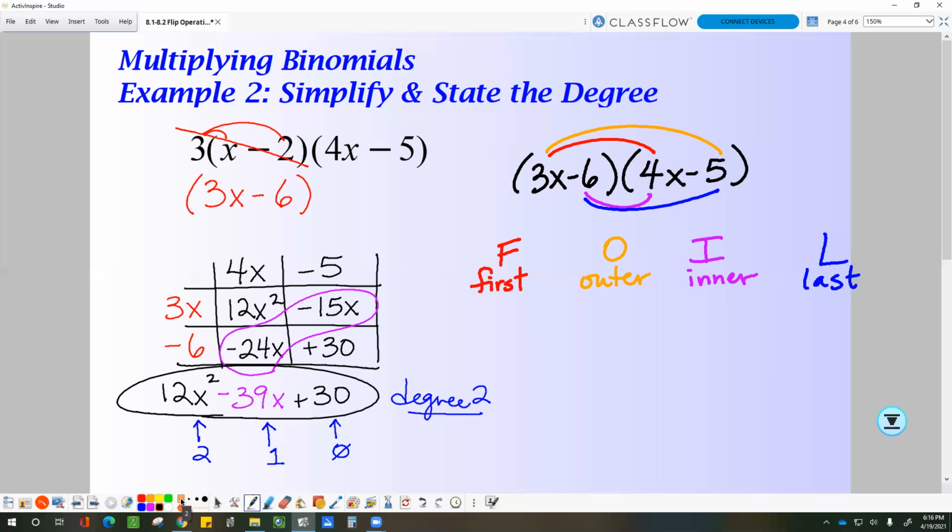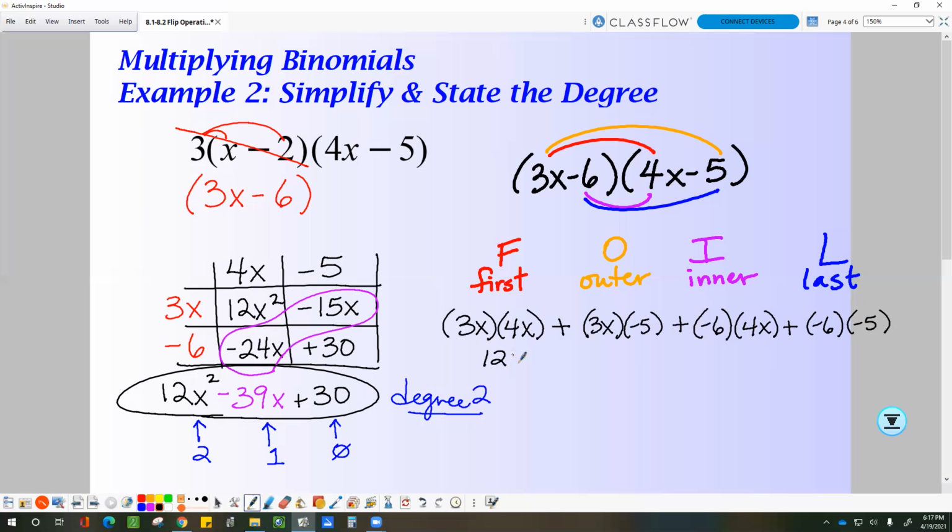So the first term in each group is multiplied together. I have 3x times 4x. I will always add my groups. If there's a negative, I put it with the number. So first, outer, that's 3x times negative 5, plus inner, that's negative 6 times 4x, plus last, that's negative 6 times negative 5.